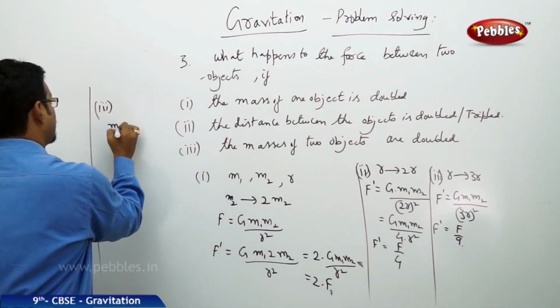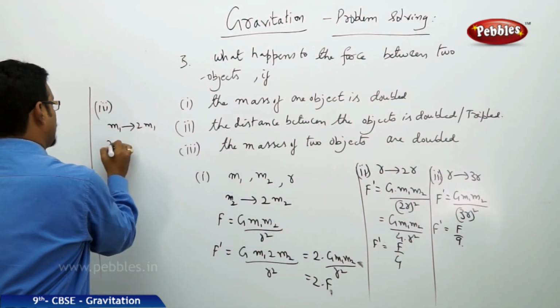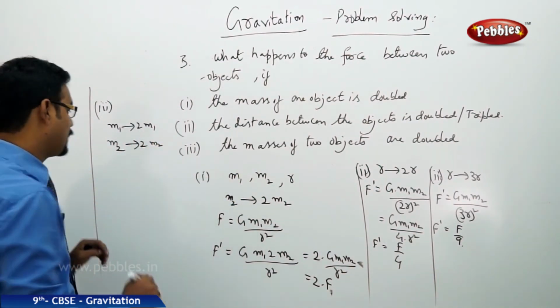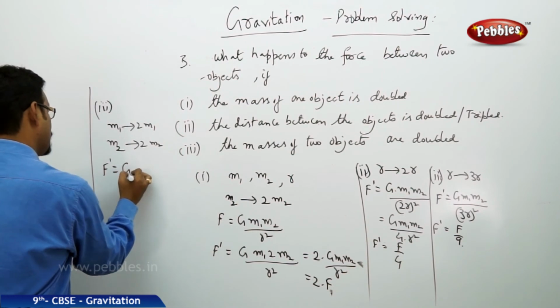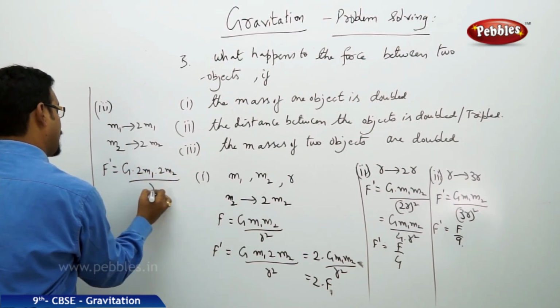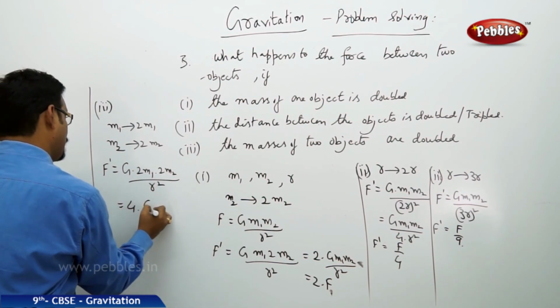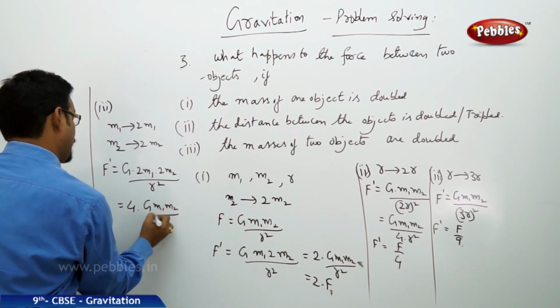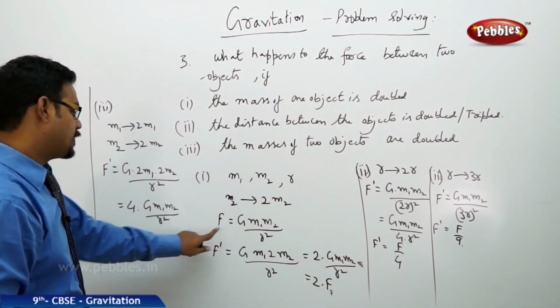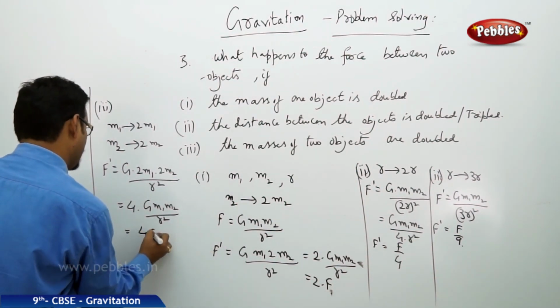So m1 changes to 2m1, m2 changes to 2m2, whereas r remains the same. So F dash equals G 2m1 2m2 by r square, which is nothing but 4 into G m1 m2 by r square. By this time you should understand what the answer is. G m1 m2 by r square is F, so the answer is 4F.